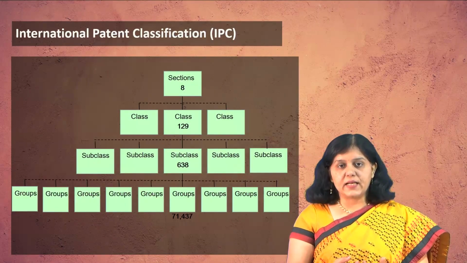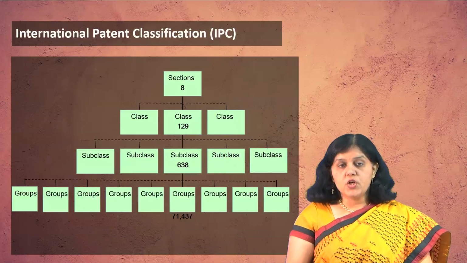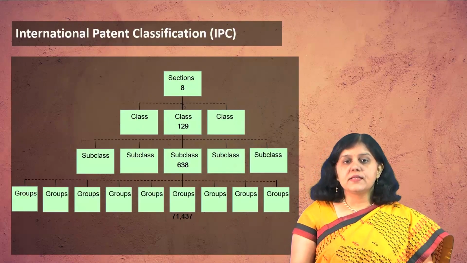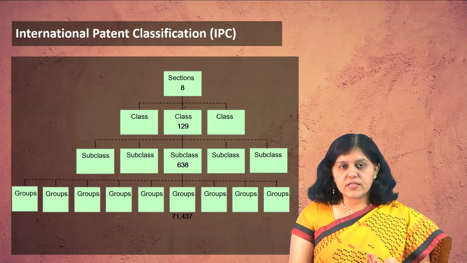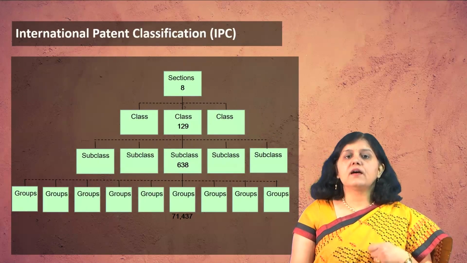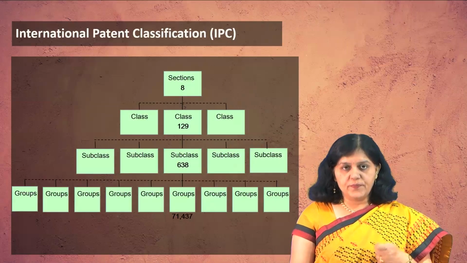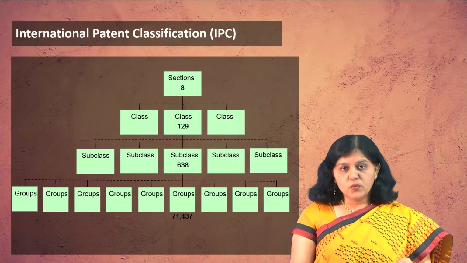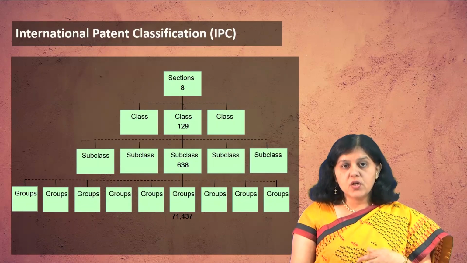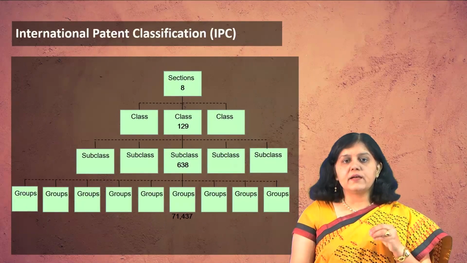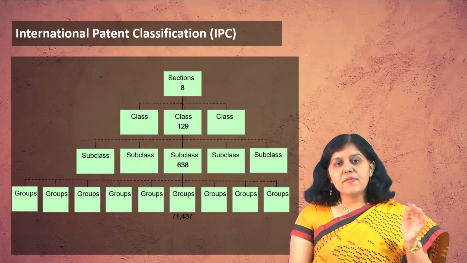Then the next hierarchical level is the group. Each subclass is further divided into subdivisions, which are recorded as groups, which are either a main group, the fourth hierarchical level of the classification, or a subgroup, a lower hierarchical level depending on the main group.